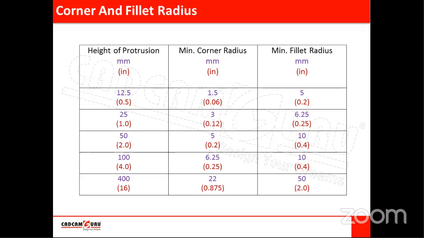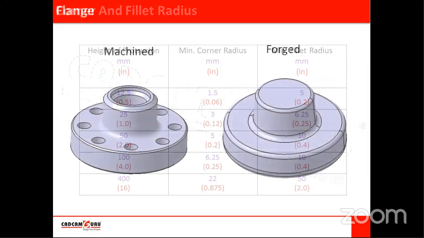Again, you can vary it. These are just guidelines. But for better material flow inside the die cavity, these fillet radii are recommended. These are the different values for fillet radius.